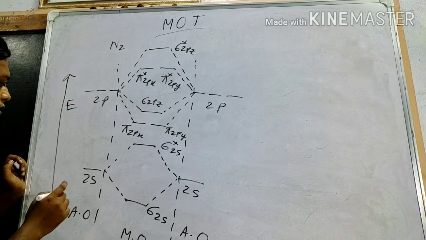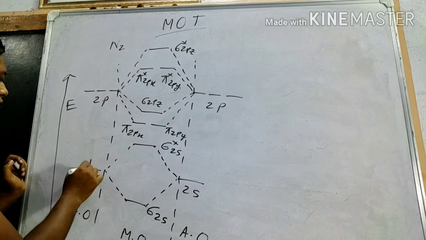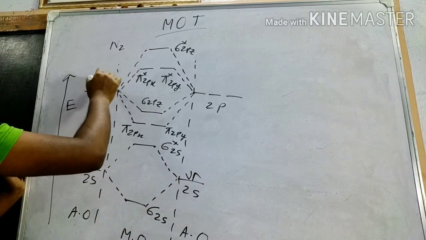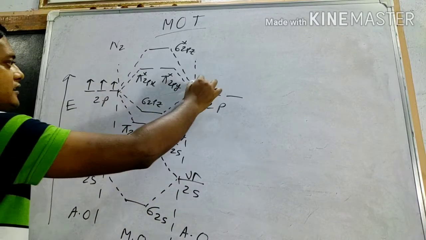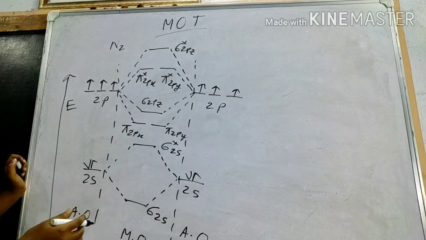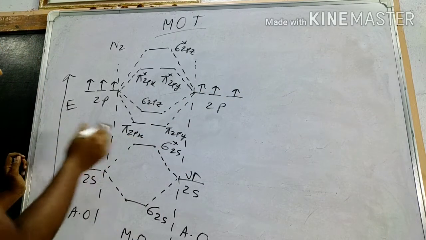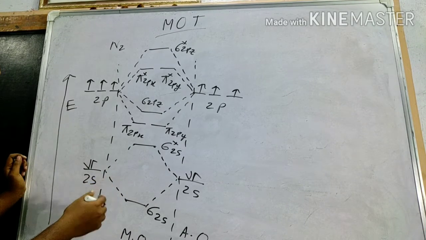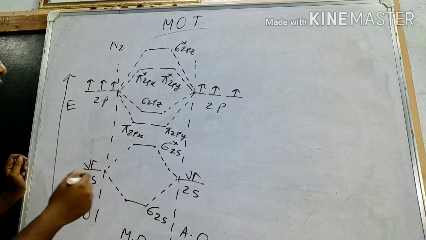In case of nitrogen, in 2s there are 2 electrons and in 2p there are 3 electrons. Now we will fill the electrons in the molecular orbitals according to Hund's rule and the Aufbau principle.